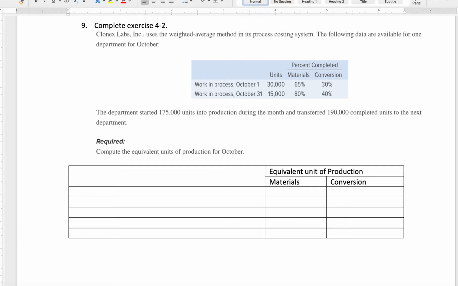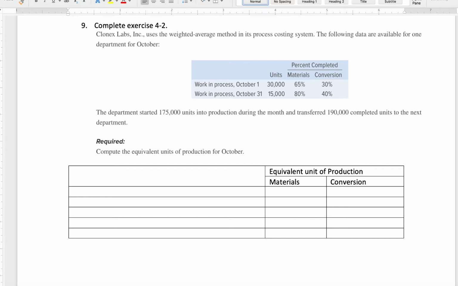Remember, in order to calculate the equivalent units of production, we need to take into account the units that were completed and transferred out, and we need to calculate the equivalent units in ending work in process. Very easy to do.